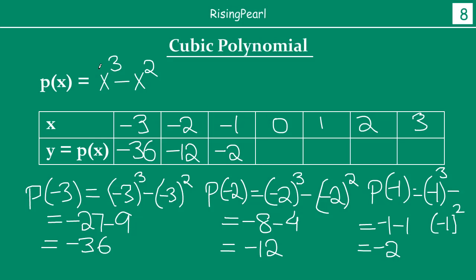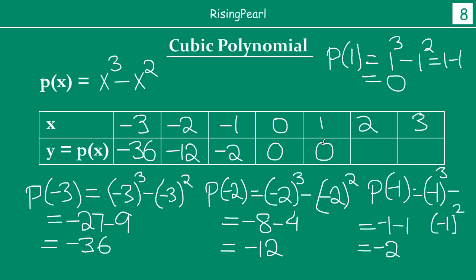At 0, well, 0 cube minus 0 square, so this value should be 0. At 1, let's write it here, p(1) will be 1 cube minus 1 square, which will be 1 minus 1, equal to 0. So this value is 0.